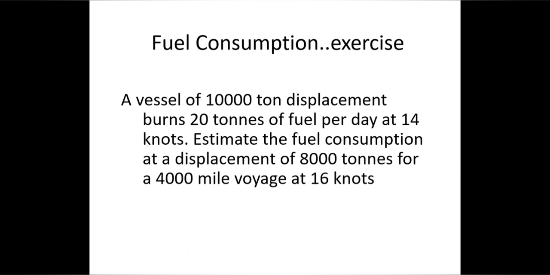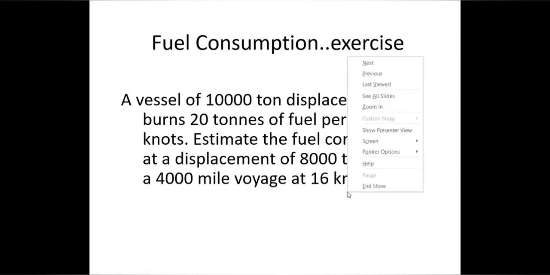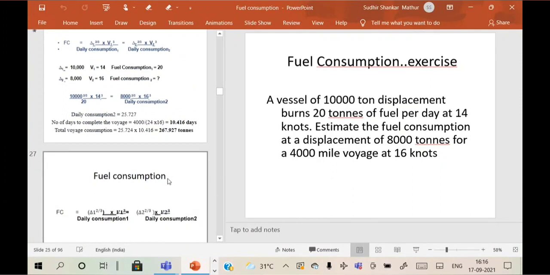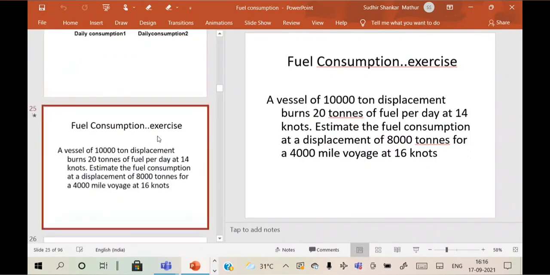Okay, let me check. Daily is okay. Voyage consumption is 267, not 360. 267.7, yes sir. How did you get 360? 360 is wrong. 267 or 268 is okay. 267.7 is coming. That is okay.